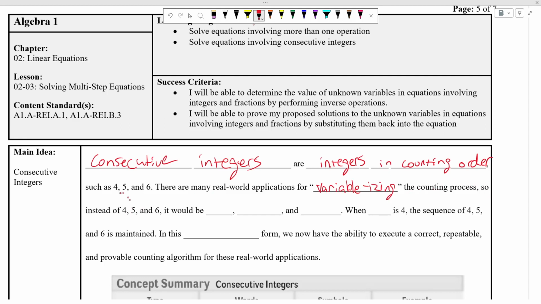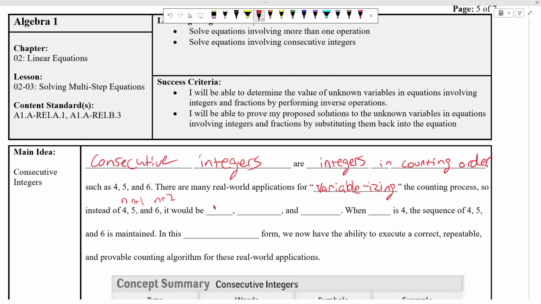So instead of 4, 5, and 6, if I wanted to variabilize it, I would say where I'm going to start from. Maybe that would be my initial variable, n. Then the next one away from n in order would be n plus 1, and then n plus 2, right? 2 away from the original.